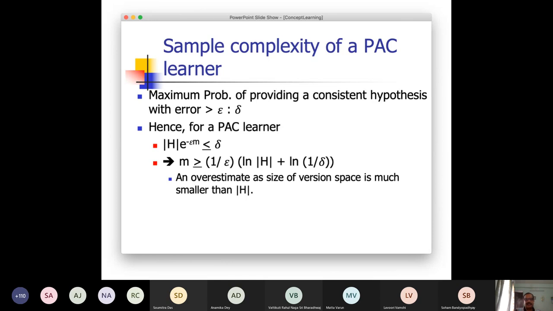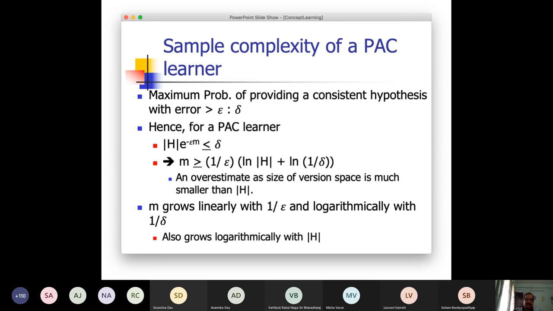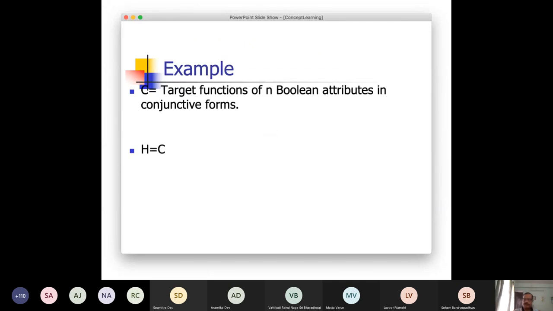As you understand, in our bound we have taken the maximum size, so it's an overestimate in a way, but it gives an indication. So m grows linearly with 1 by epsilon, logarithmically with 1 by delta, and also logarithmically with |H|. Some examples would make it much clearer.